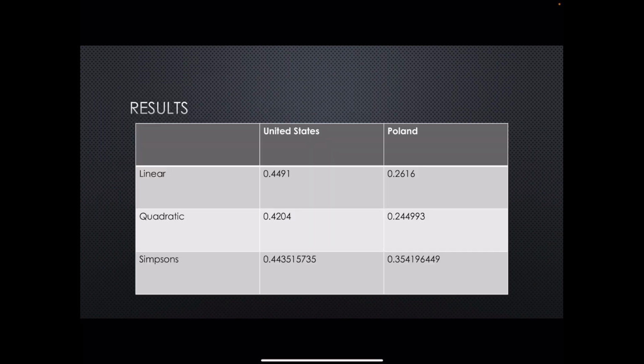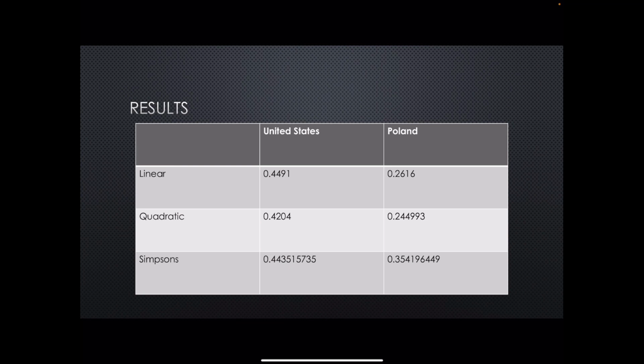So these are all the Gini coefficients calculated from each graph and through Simpson's rule. Linear graphs resulted in the United States having a 0.4491 and Poland having 0.2616. For quadratic, the United States had 0.4204 and Poland had 0.244993. And for Simpson's rule, the United States had around 0.4435 and Poland 0.35419.